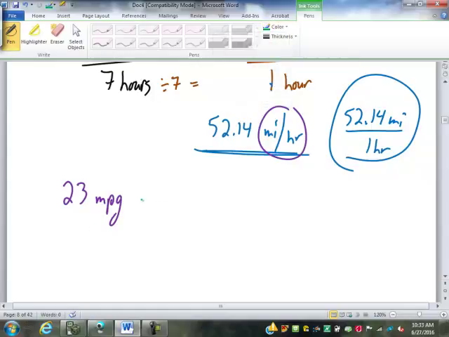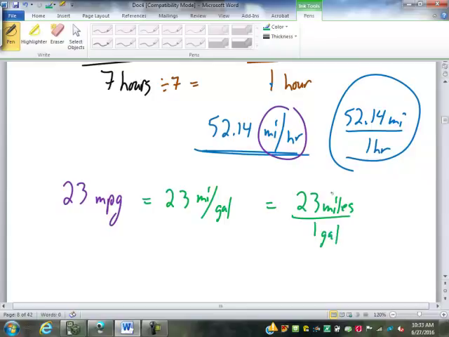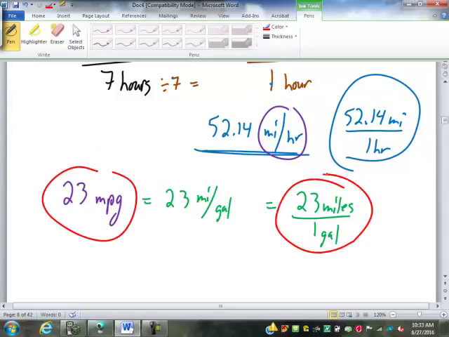Miles per gallon. This is just a short way of writing 23 miles per gallon, which of course is just a short way of writing 23 miles over 1 gallon. Whenever you see this, you need to think this, because this is the form we needed to do calculations with it.